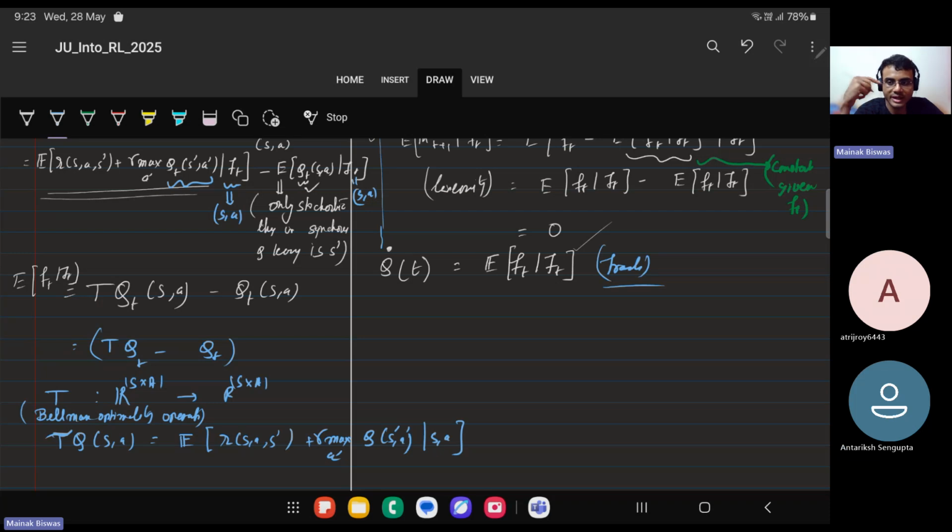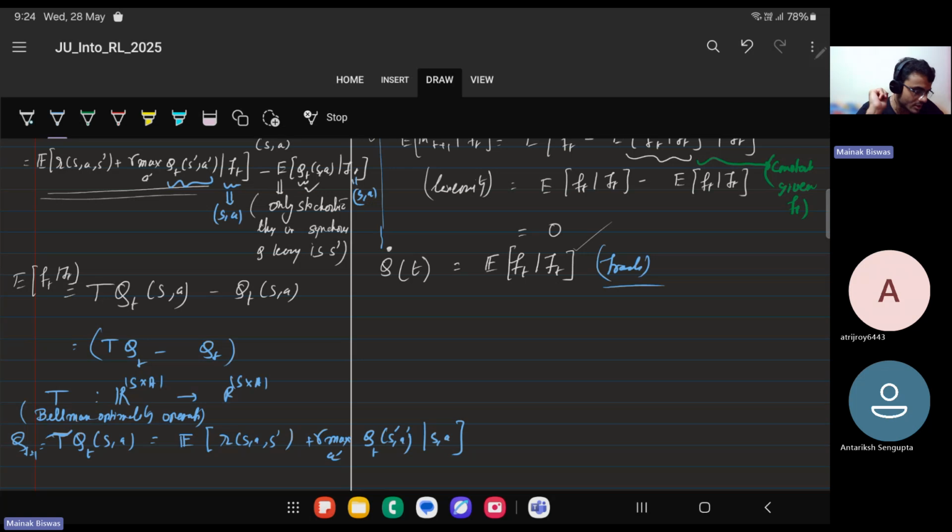Yes. So given an S comma A, I will update the Q value function using this operator every time. Yeah, that's why I said Qt plus one. That is true. If you put Qt over here, you can write this as Qt plus 1. Okay, fine.